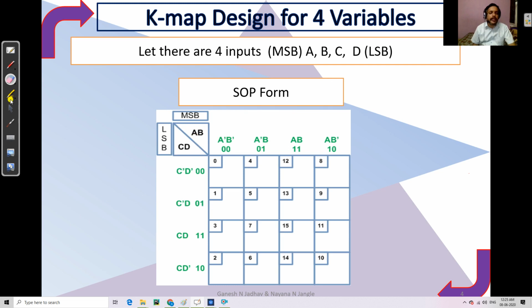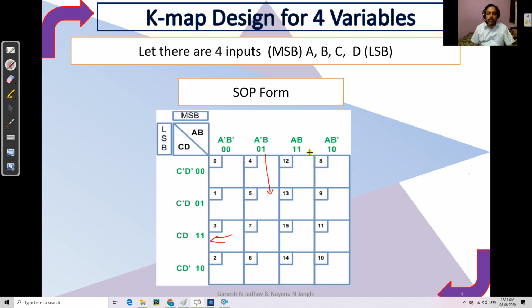Now how to number this K-map? Let's write down the numbers. 0000 means 0, 0001 means 1, 0011 means 3, 0010 means 2, 0100 means 4, 0101 means 5, 0111 means 7, and 0110 means 6.